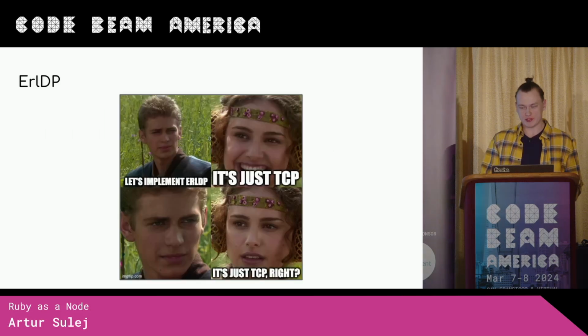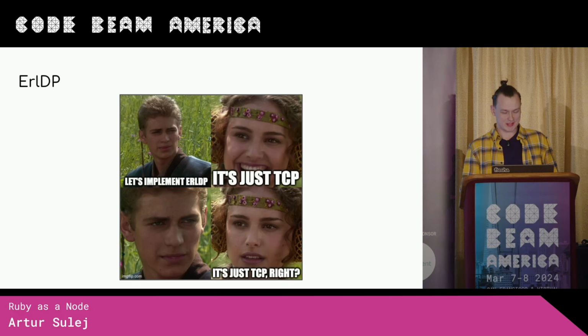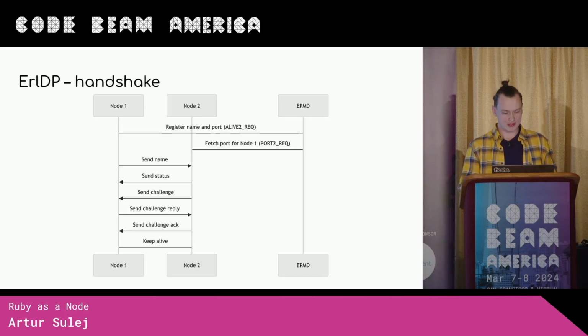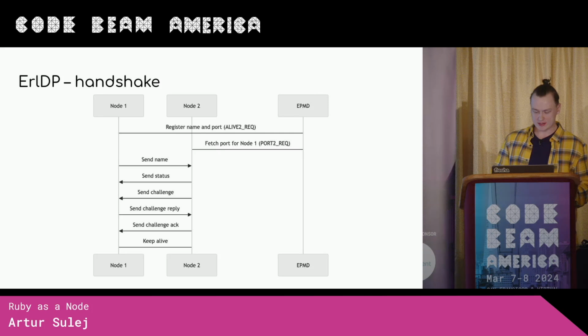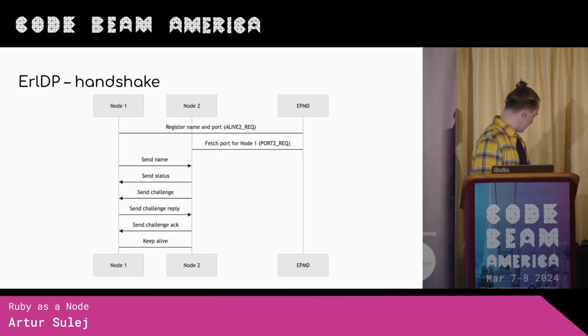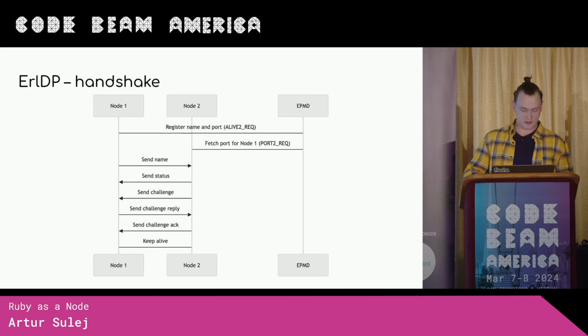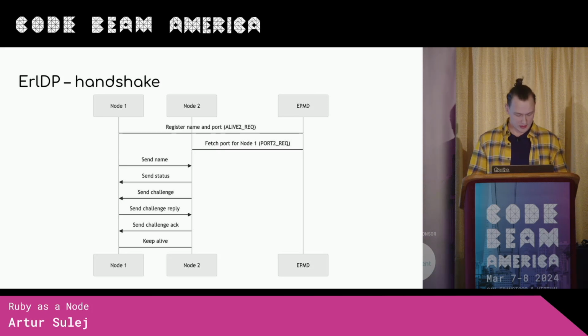So underneath it's just TCP, but let's see how complex that is. This is an overview of the handshake. Let's go through it to give you an idea what's going on here.